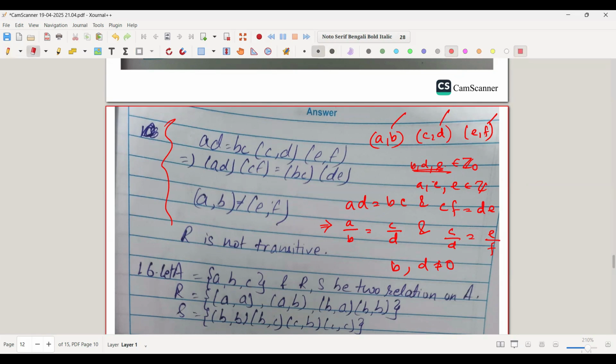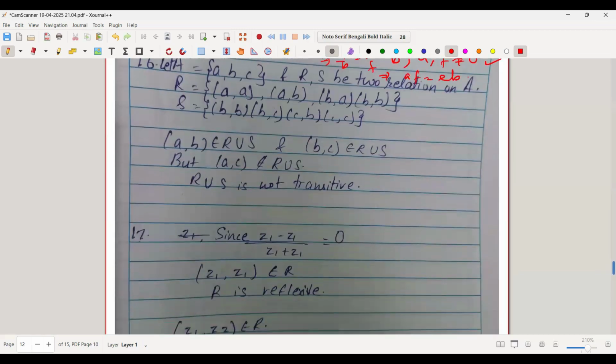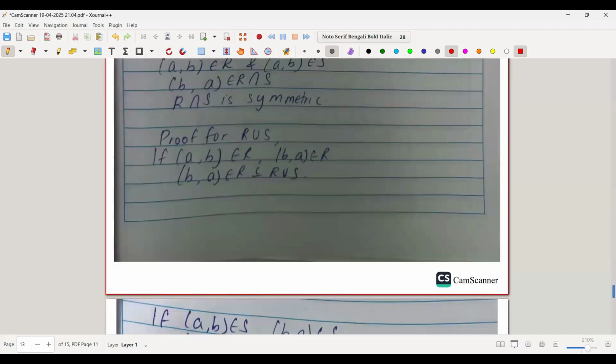That is why we can take it in the denominator. b, d, and f, all three not equal to 0. So that is why this quotient is valid. And hence we can write a by b equal to e by f, and here we can write af equal to eb. This implies (a, b) related to (e, f) and it is transitive.